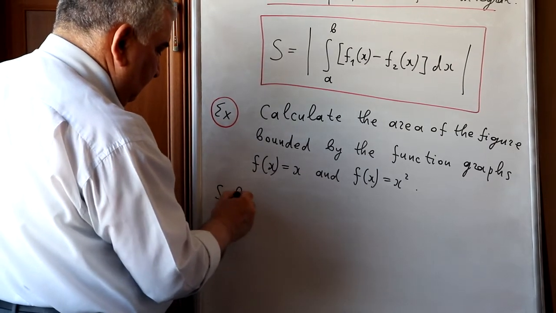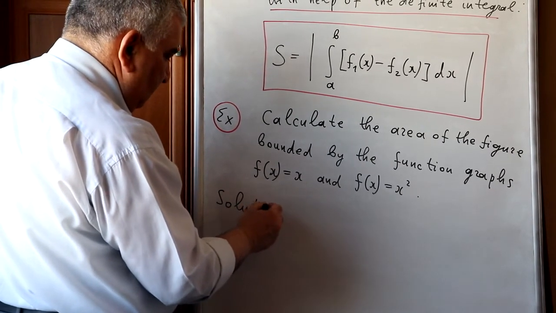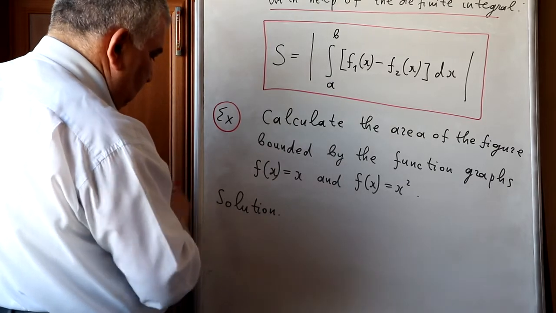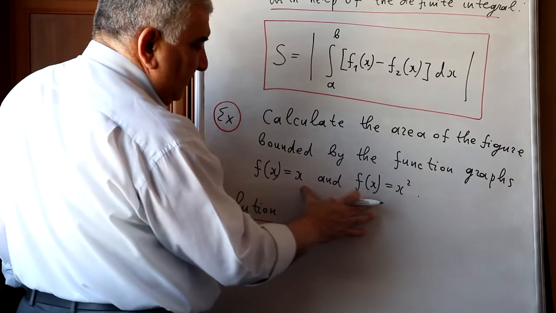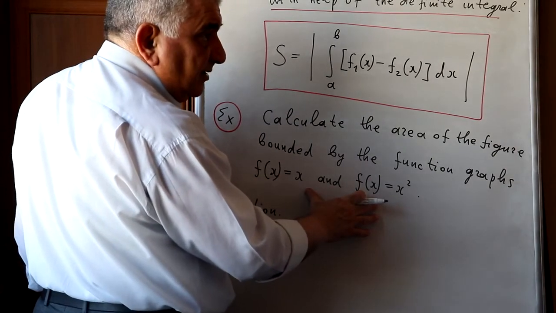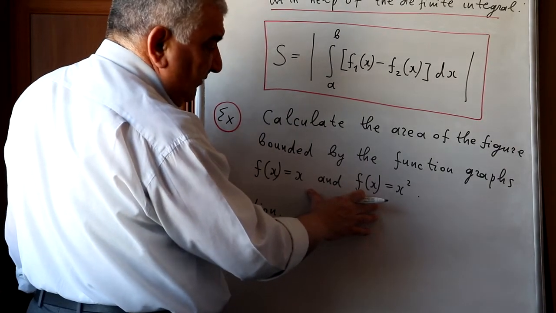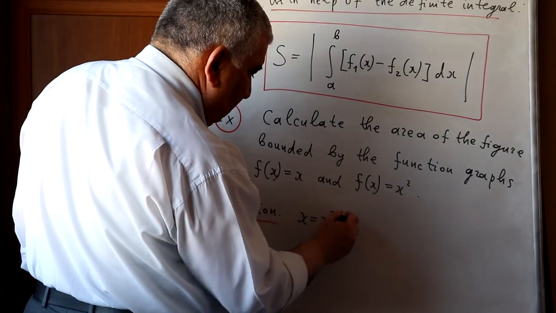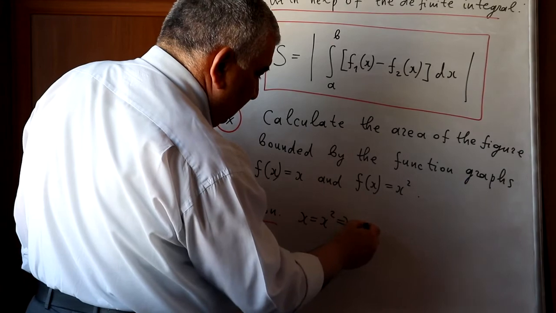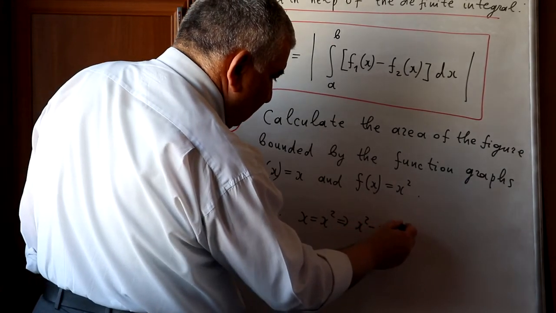Equalize the expressions of the given functions: x equals x squared. Then x squared minus x is equal to 0.